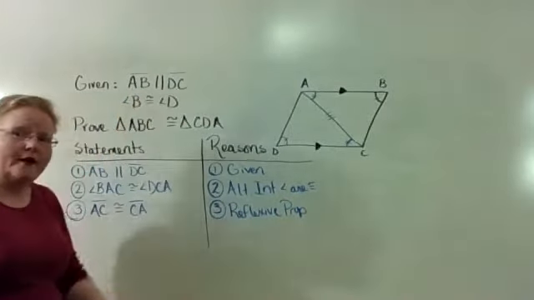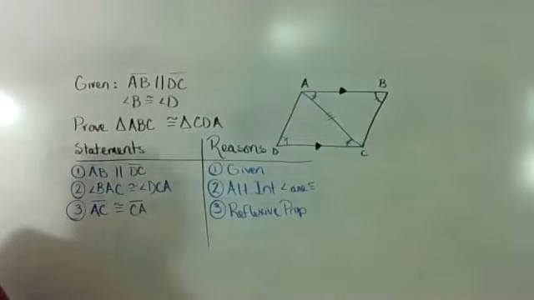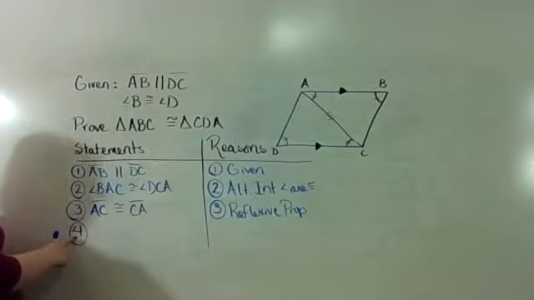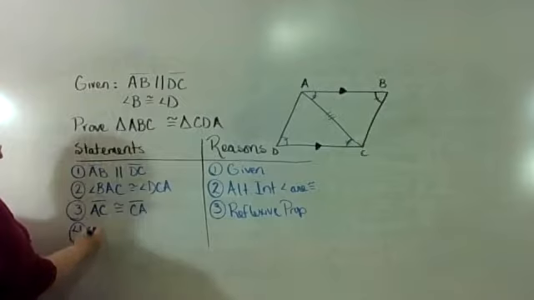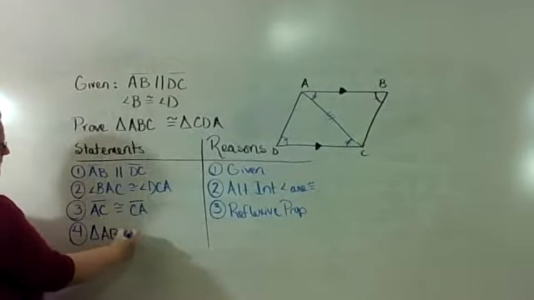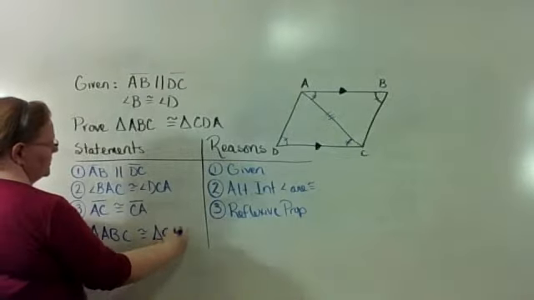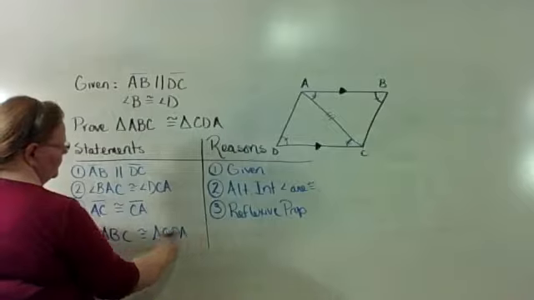The one that we threw out last time when I was talking about it. And therefore, you like how that word, right? Therefore, what they asked me to prove, triangle ABC is congruent to triangle CDA.